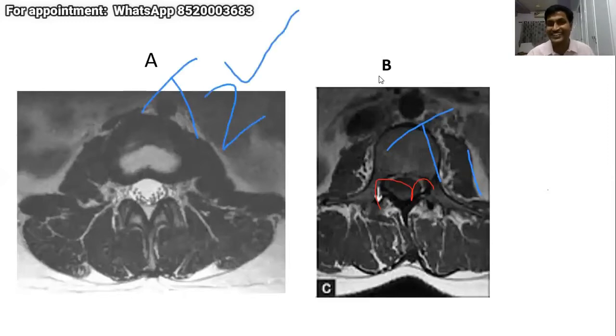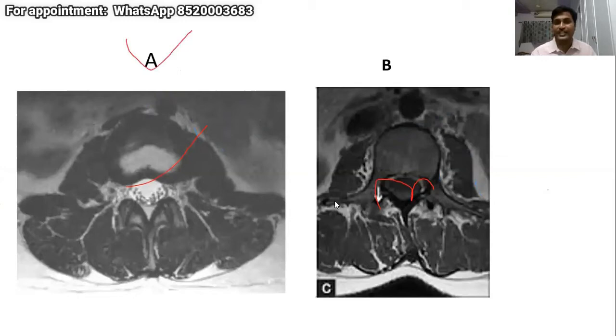Someone has answered B is T1, A is T2 because CSF is white in color. So that is my interest. I will always be looking for T2 cuts. Do not annotate until I ask, because once you annotate, the screen doesn't move until I clear it.